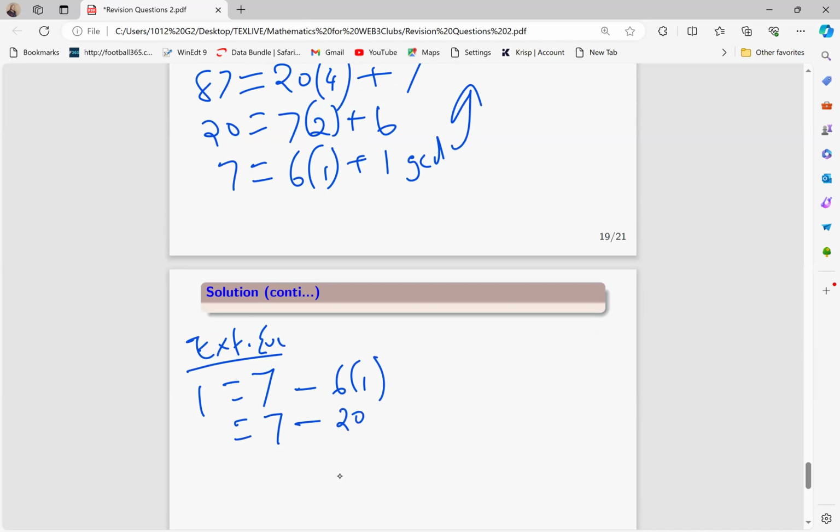It's 20 minus 7 multiplied by 2. Then there was a 1 here. No, not wrong. Okay. So expand this to, this is 20, right?